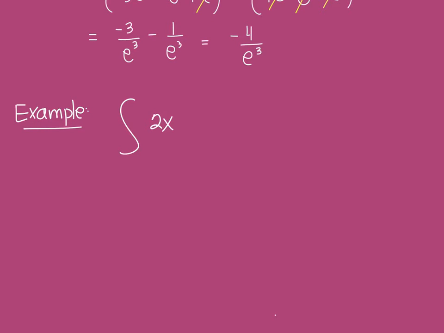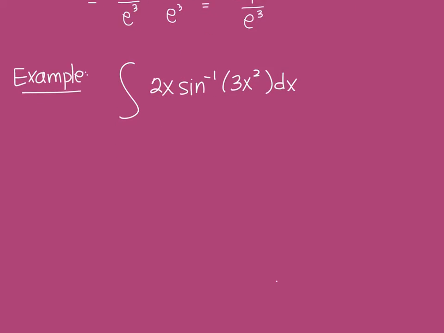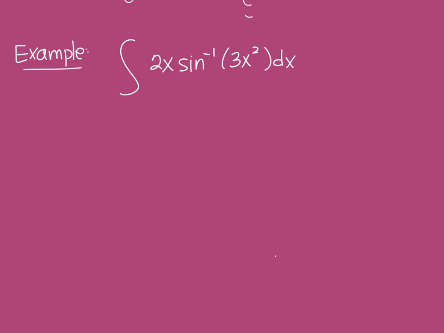2x times the inverse sine of 3x squared dx. All right, our u choice is crucial here.